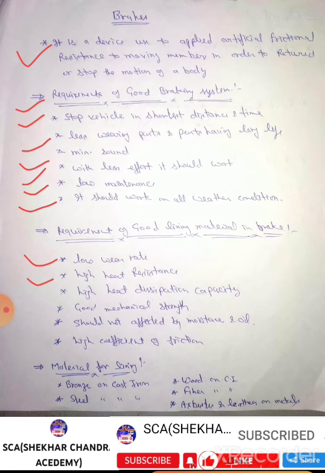Third, liner has high heat dissipation capacity. Fourth, liner has good mechanical strength. Next, liner should not be affected by moisture and oil. And the last one is that liner has a high coefficient of friction.